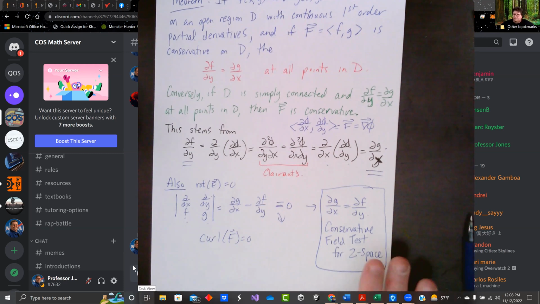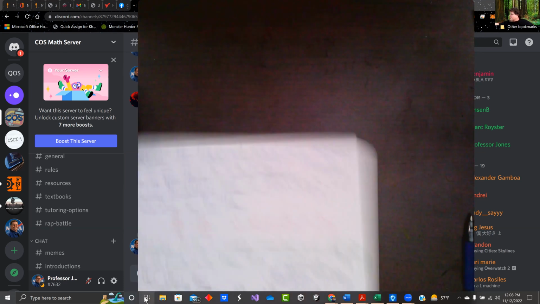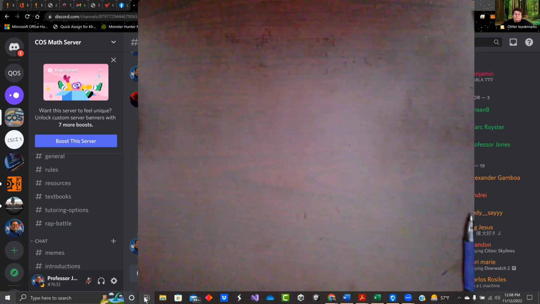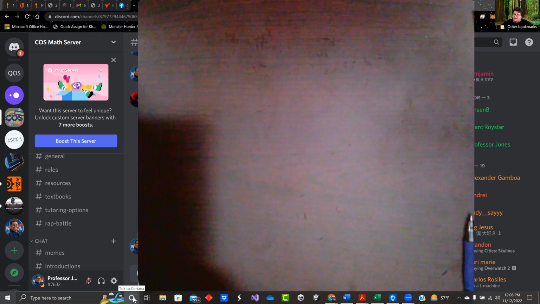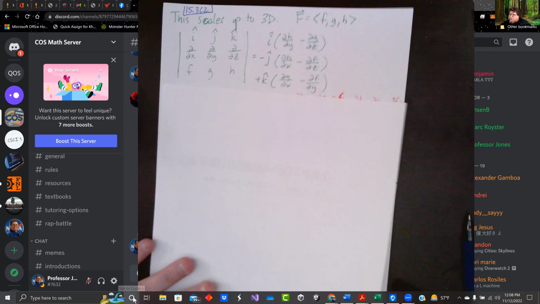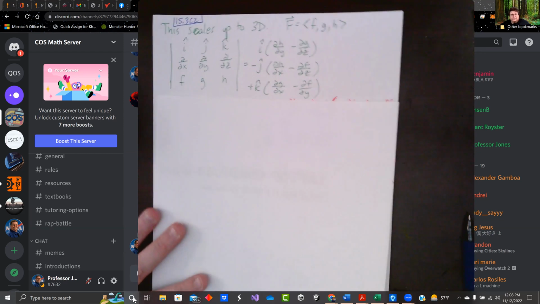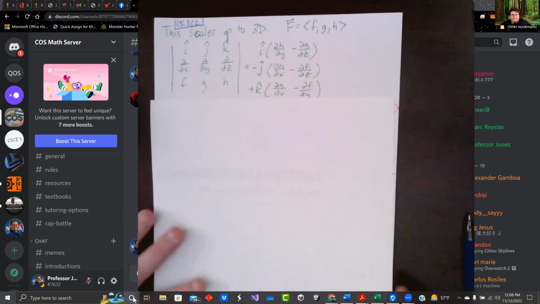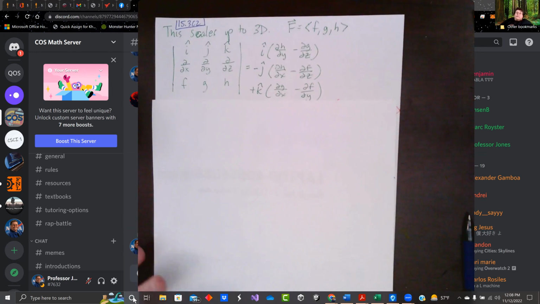Okay. This scales up to 3D. I was going to do this in another video, but this scales up to 3D. Let's do our curl of F. So I've got i j k, d dx, d dy, d dz, f, g, and h.